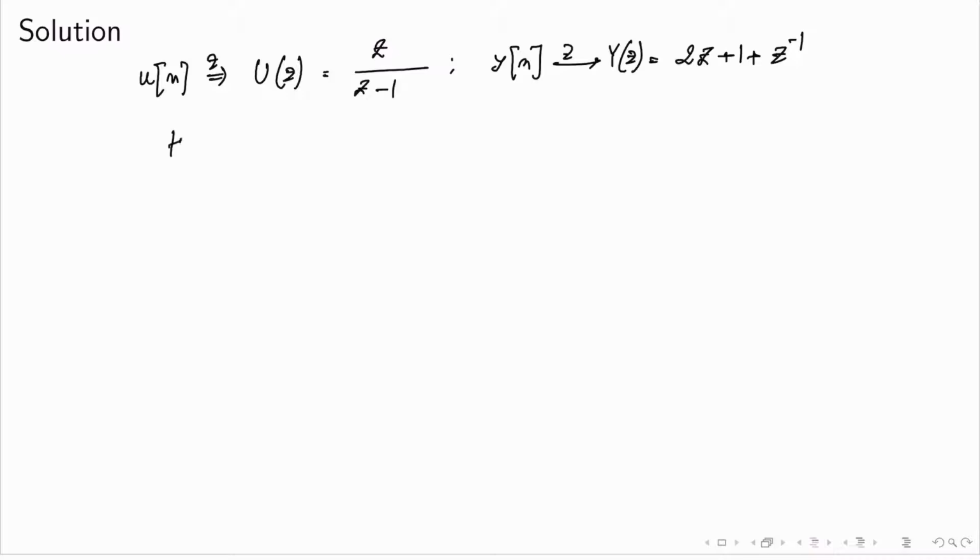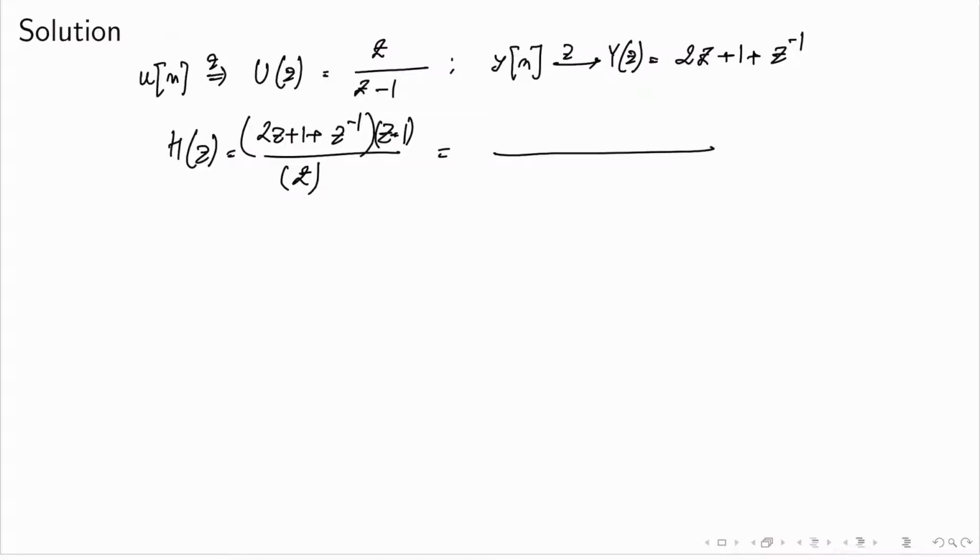So what will be H(z)? H(z) will be given by (2z + 1 + z^(-1)) divided by z/(z-1). And this will be given by (2z^2 + z + 1)(z-1) over z^2.